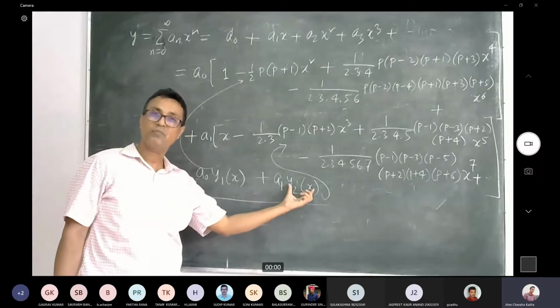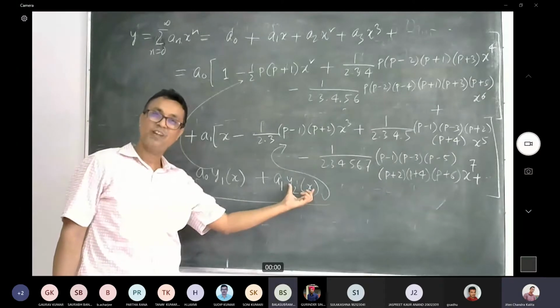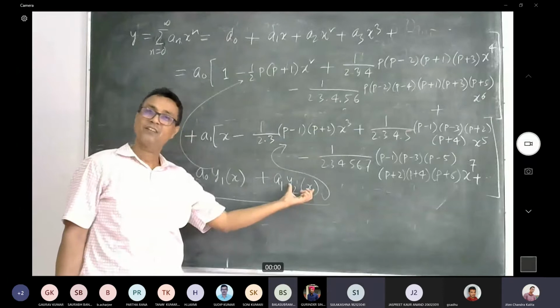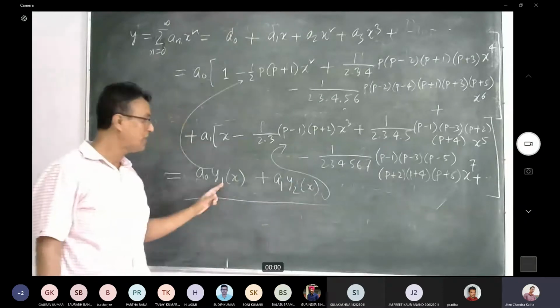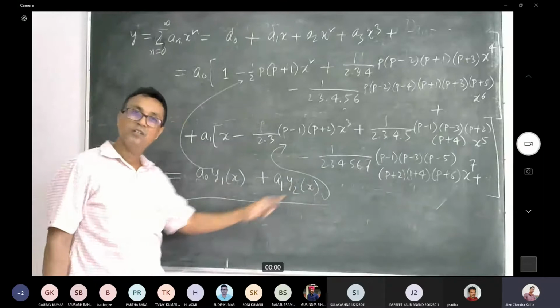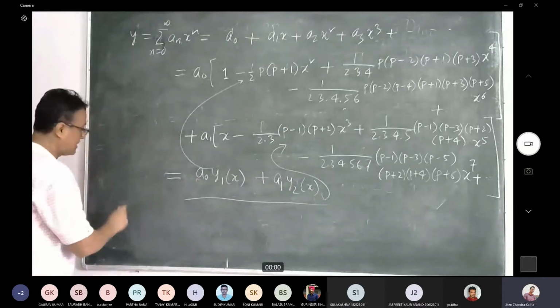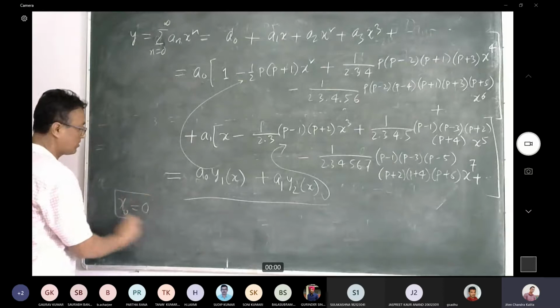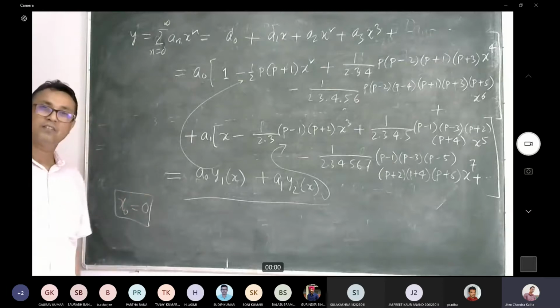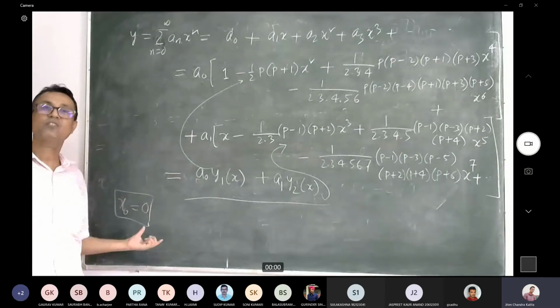Is it okay with everybody? And both the power series for y1 and y2 were taken about x0 equal to 0. They were series about x0 equal to 0.